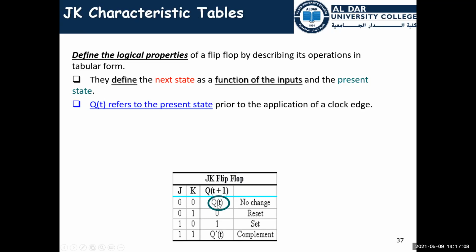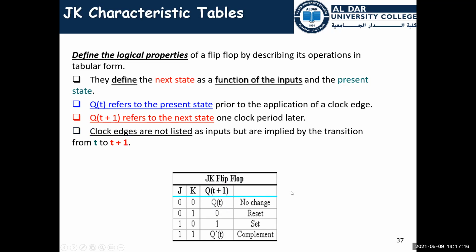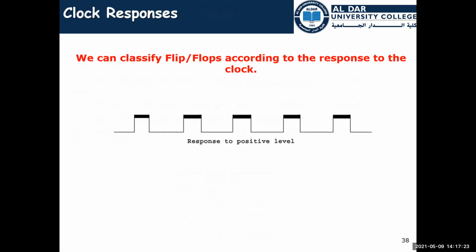This is the present state, and the Q of t plus 1 is the next state. Here we classify the flip-flops according to the response to the clock. This is response to positive level.